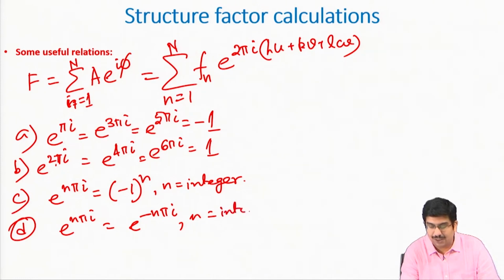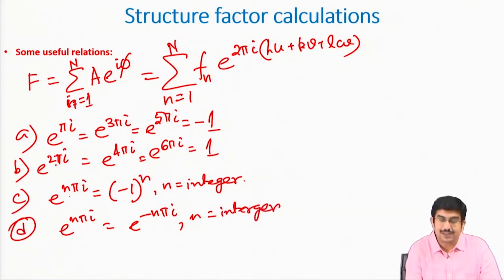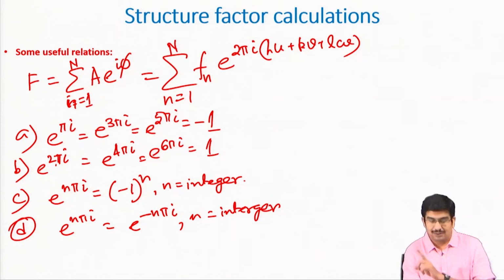What this means is that e to the n pi i equals minus 1 raised to the power n. Let us say n is 135, that means minus 1 raised to the power 135. In that case, it will be minus 1. So, if n is an odd number, the value will be minus 1.